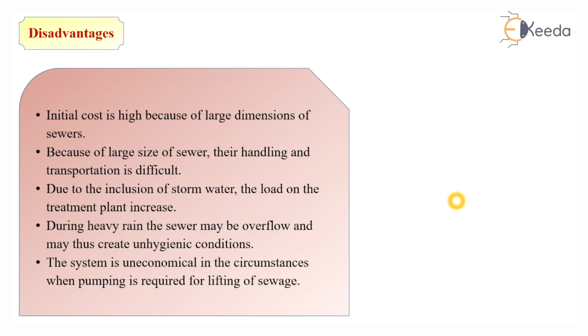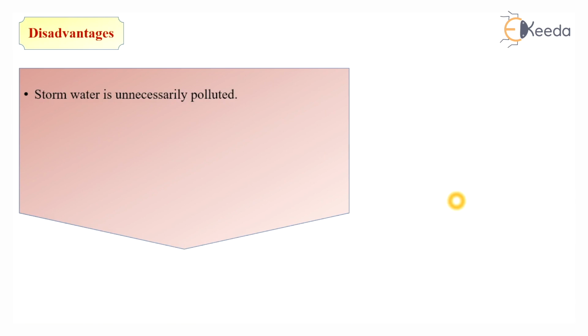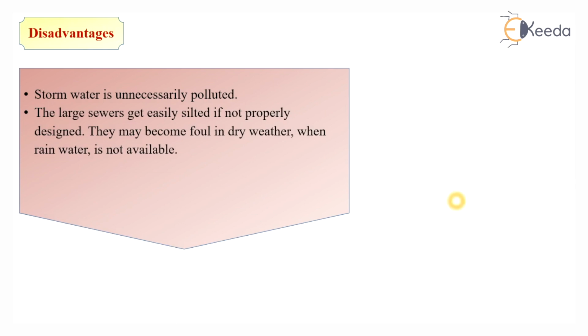The system is uneconomical in circumstances when pumping is required for lifting of sewage. Stormwater is unnecessarily polluted. The large sewer gets easily silted if not properly designed. They may become foul in dry weather conditions when rainwater is not available. Large sewers are more difficult to ventilate than the smaller ones.